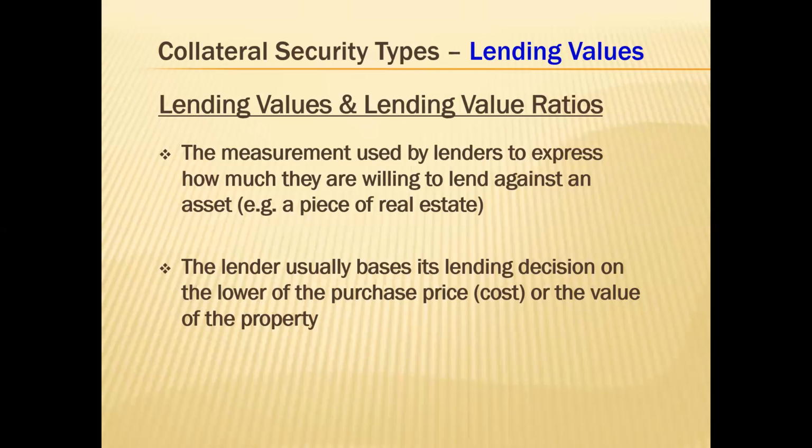Because while something may be valued at a certain price, the cost, which you actually pay for it, basically becomes the new value. So the bank will lend based on the lower of the purchase price or the value of the property. In this case, $95,000 is less than the $100,000 value.